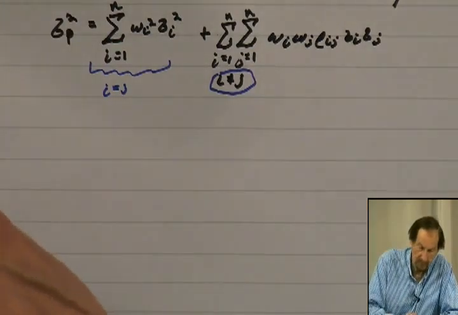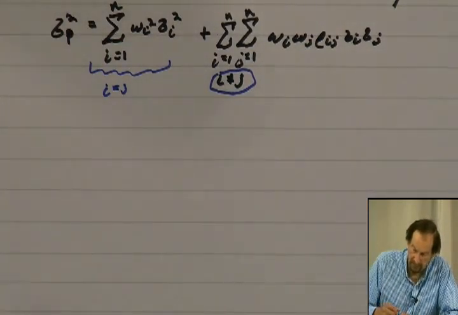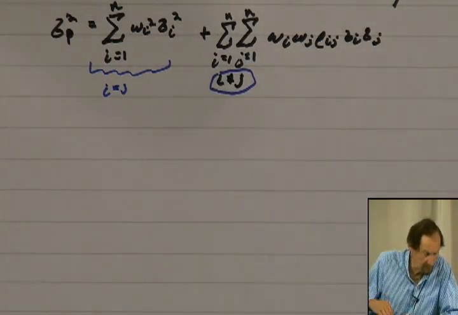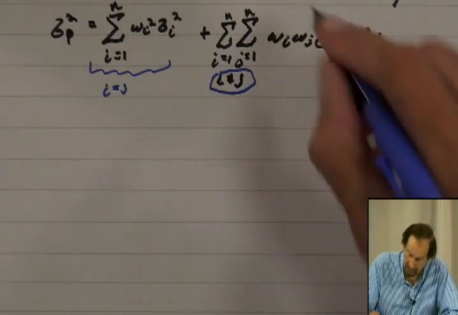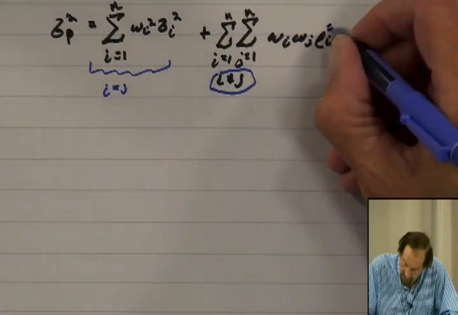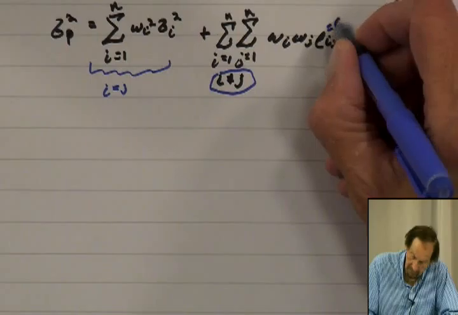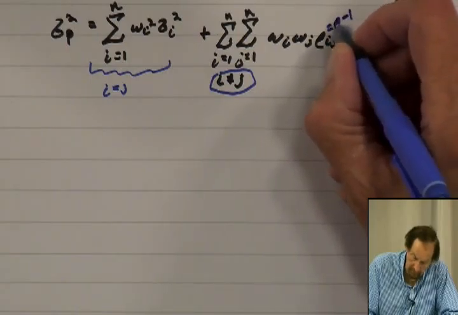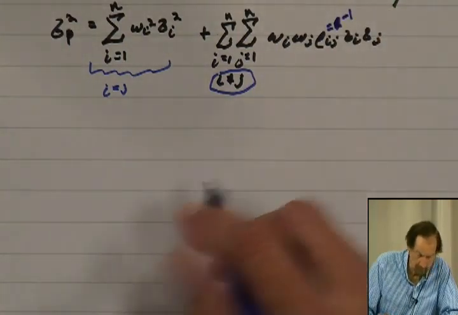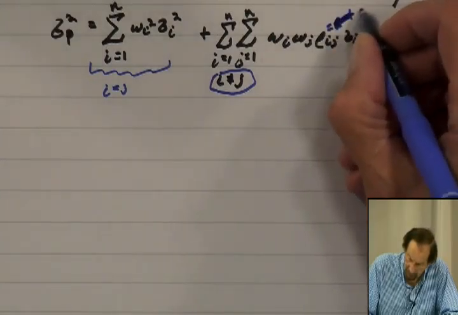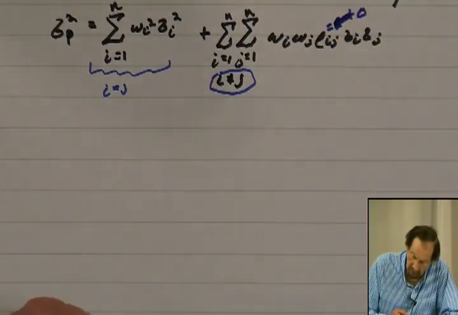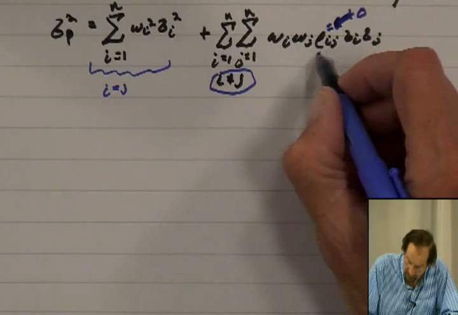Now, rho ij is what? We're negatively correlated, so this equals minus 1. What am I talking about? No, this equals 0. We're talking about uncorrelated assets, rho equals 0.